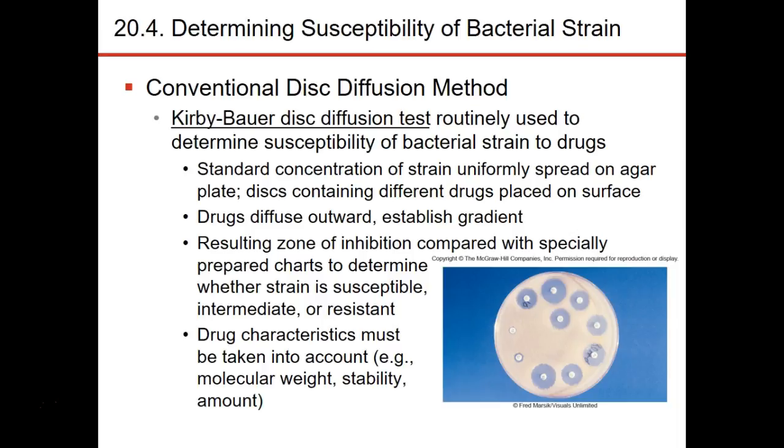We use a Mueller-Hinton agar that we produce. We then plate different microbes, whatever we're concerned about, be it Staph aureus or E. coli, and then we take discs that contain certain drugs and place them onto the agar.